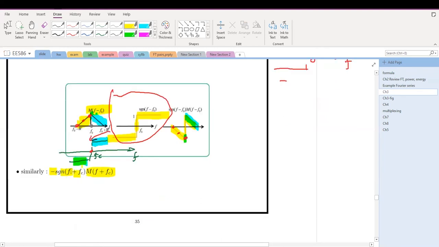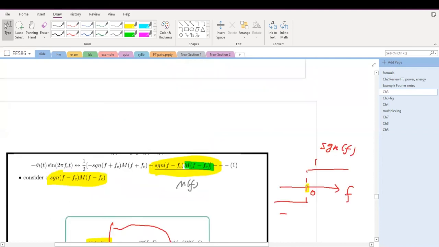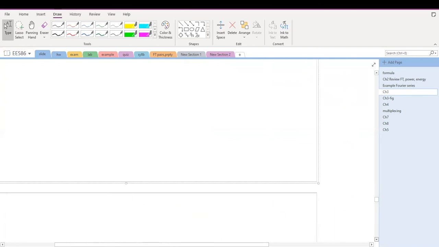Similarly, we can look at the negative frequency here. F plus fc is shifting to minus fc here. And then this is a minus sine f plus fc. And this term, this is a sine f, moved to minus fc and multiplied by -1.